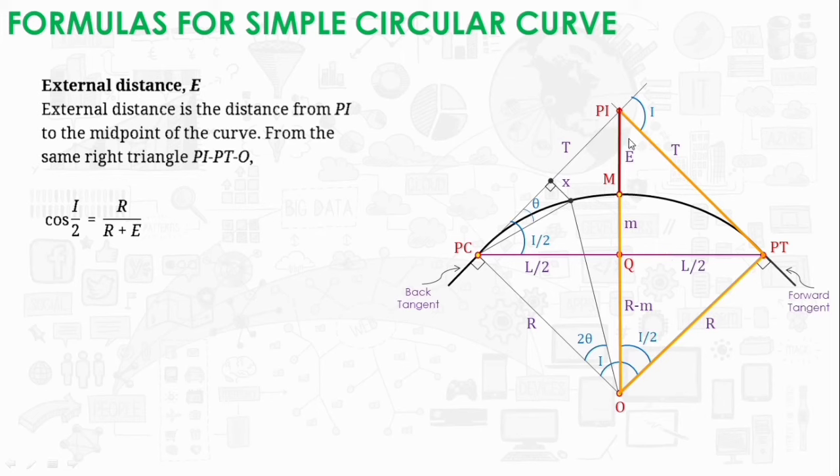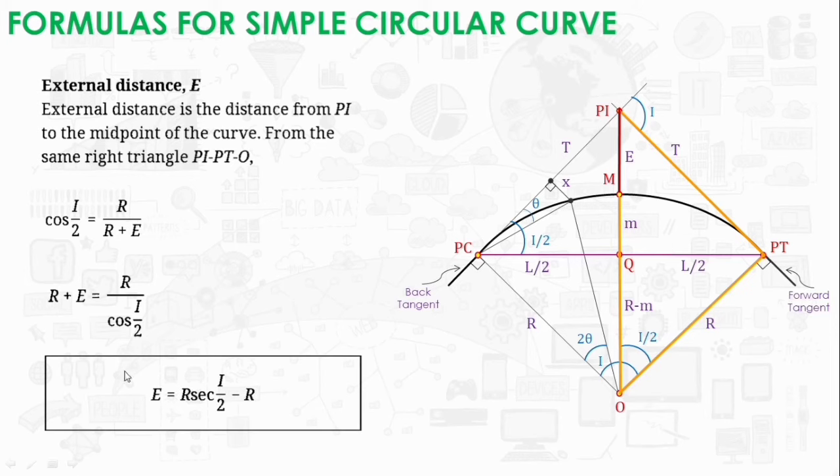Rewriting this equation, R plus E equals R over the cosine of I over 2. And we know that 1 over cosine I over 2 is simply the secant of I over 2. Therefore, E equals R secant of I over 2 minus R. Or you can also do it in terms of the tangent.